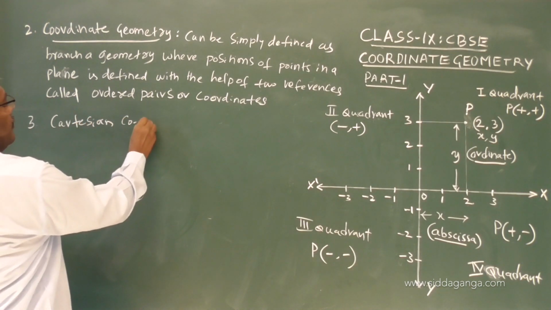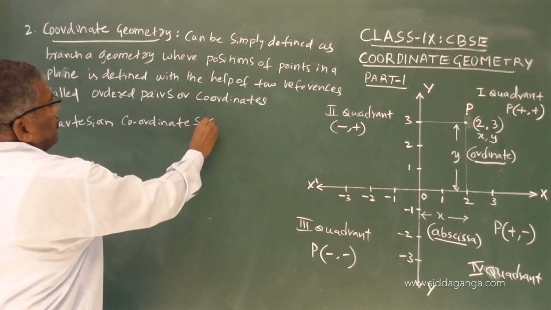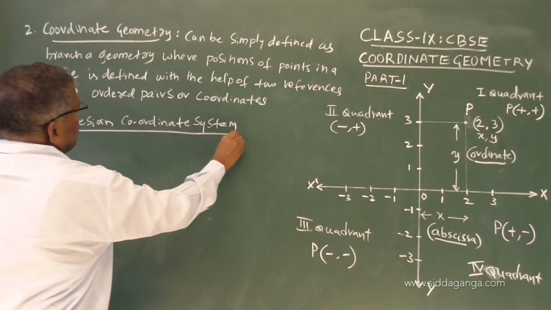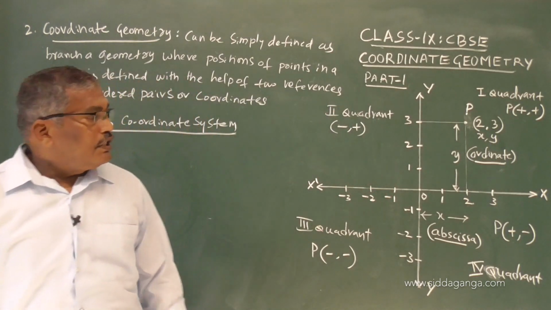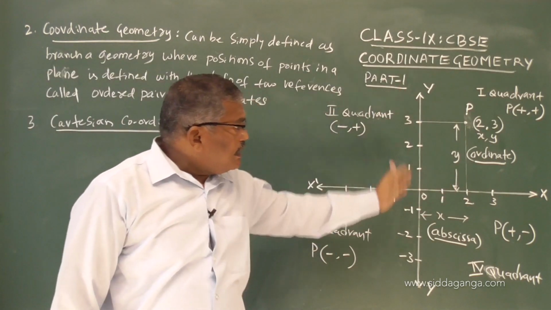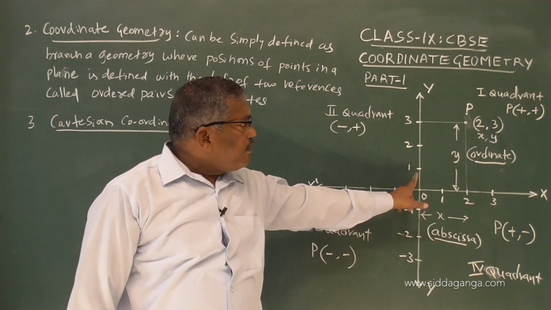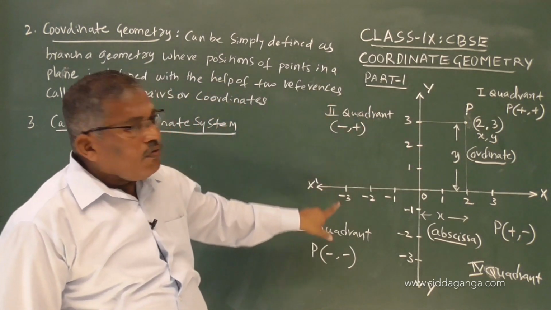It is nothing but this type of representation where two axes are there, cutting at right angle, and these two axes divide the entire plane into four quadrants.